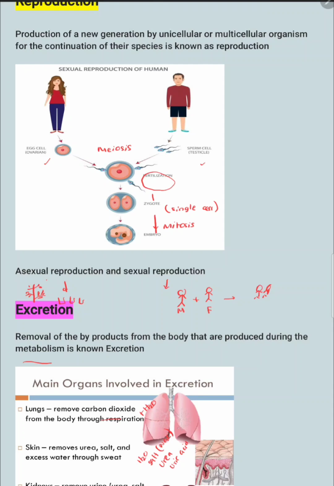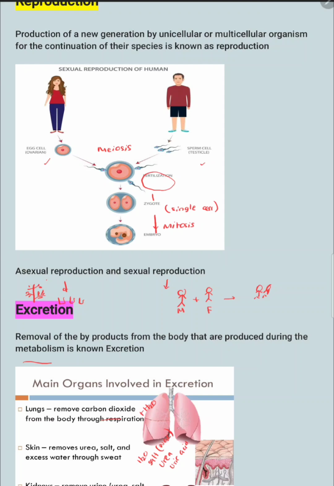In asexual reproduction we can produce a large number of new organisms or offsprings at one time, but in sexual reproduction we cannot produce a large number of organisms at one time. We can produce a small number of organisms, maybe 2 or 3 at once, right?